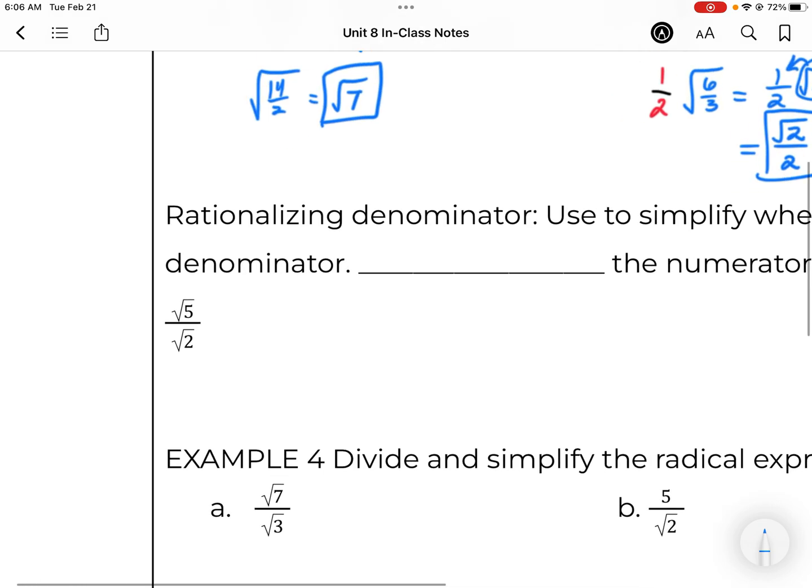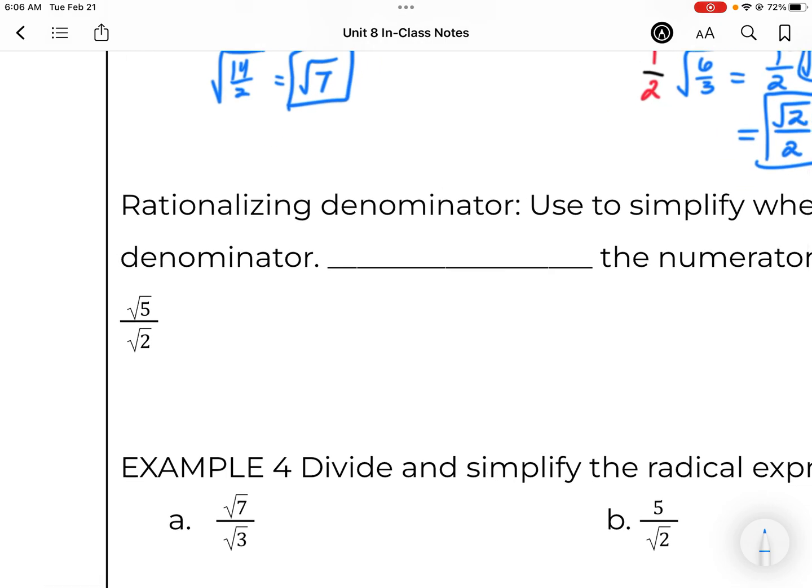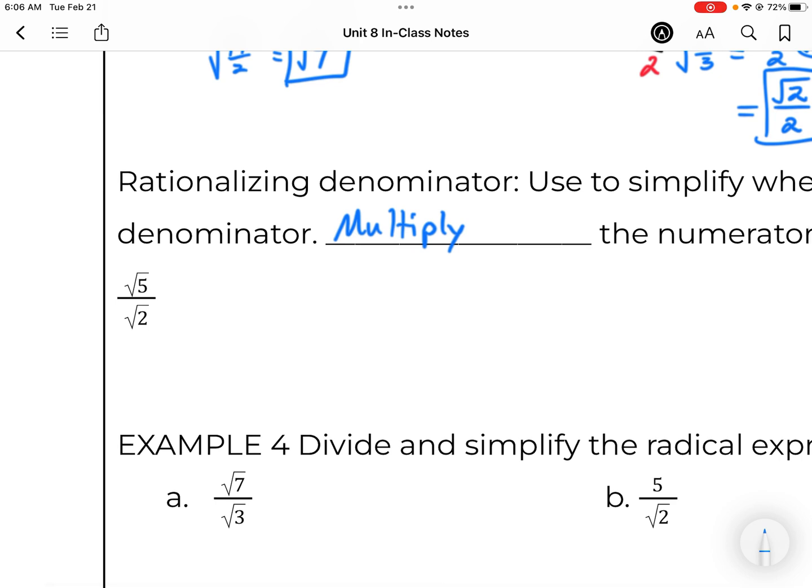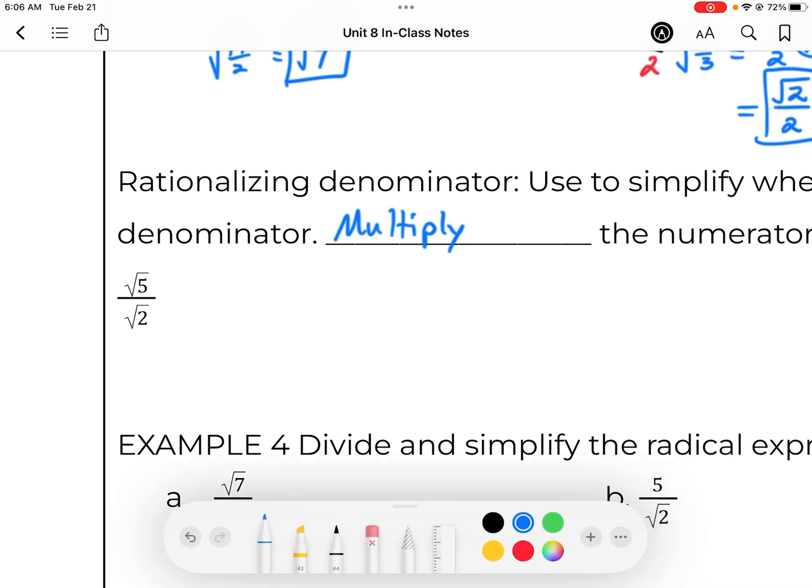And the way we do that is to multiply the numerator and denominator by that radical term. Now, this can't be simplified. 5 and 2 can't divide, so there's really no way to put those together or simplify them. So the rationalizing gets to happen right away. To do this, we're going to multiply this entire fraction by something that equals 1.